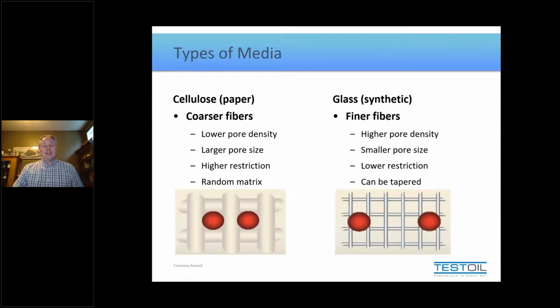A paper filter would have fewer holes and therefore would have lower capacity. A synthetic filter would have more holes and therefore would have a larger or longer, however you want to think of it, capacity. So the big difference between these 2 filter fiber sizes is essentially not necessarily the micron size that we're going to be able to rate these filters, but how long the filters will last, how much dirt they'll be able to trap before they go into bypass, other things like that.